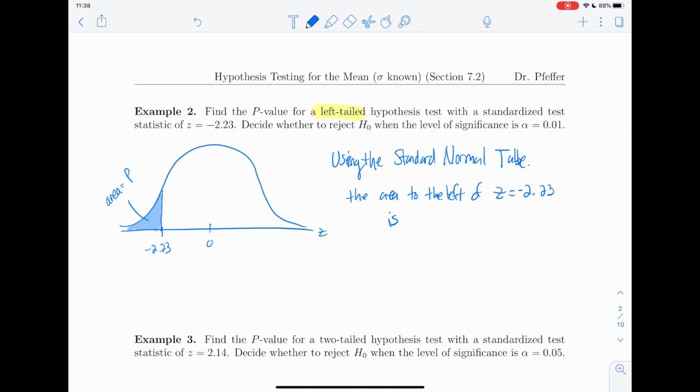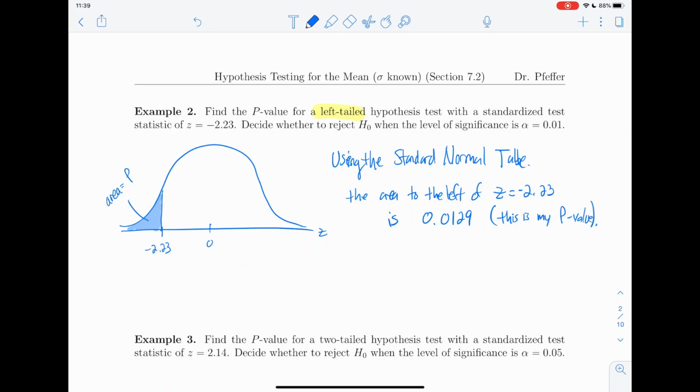In this case, the desired area is 0.0129. So that's going to be my p-value.